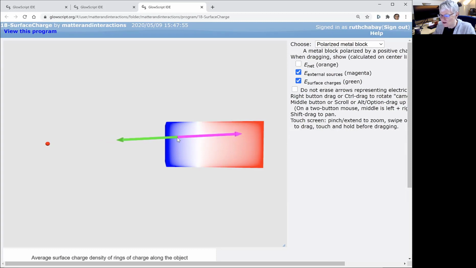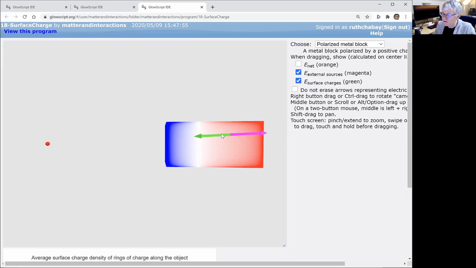And then when we're inside the block, the charge distribution on the block is such that absolutely everywhere in the block, the net electric field manages to be 0, even though the electric field of this applied field is not uniform. So it's stronger at the left end and weaker at the right end.